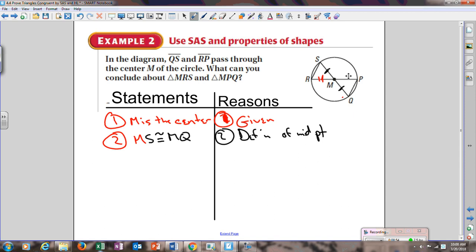By the same token, we can do the same thing with RM and MP. So we can say RM is congruent to PM, and the reason for that one, definition of midpoint.